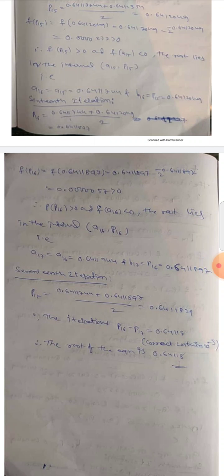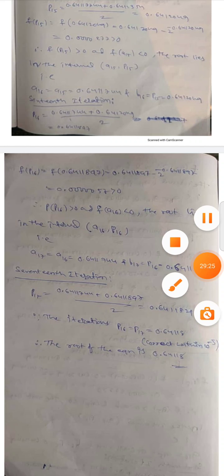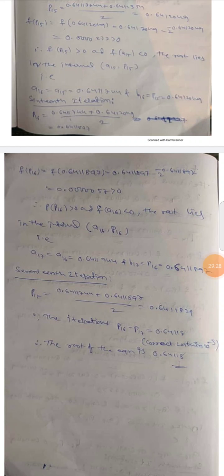The iterations P16 is equal to P17 is equal to 0.64118, correct within 10 power minus 5. The root of the equation is 0.64118.